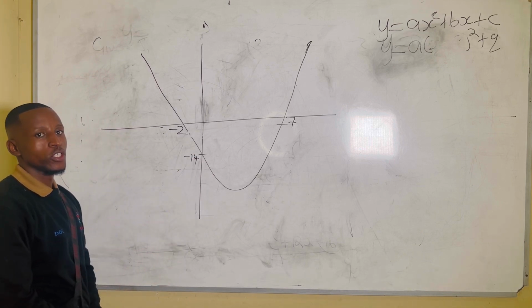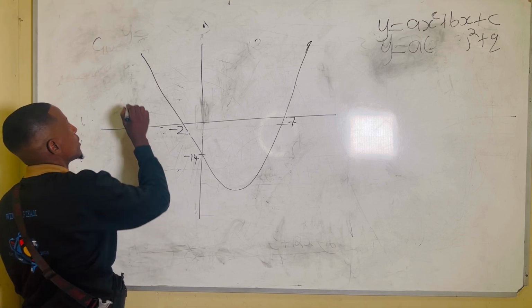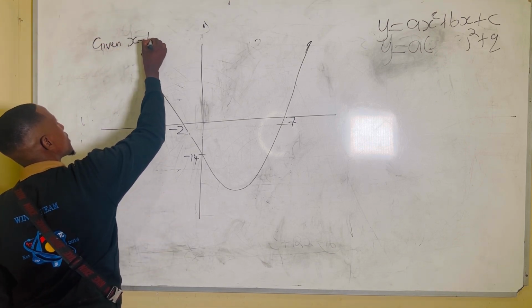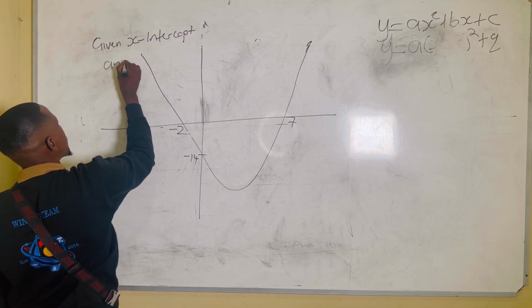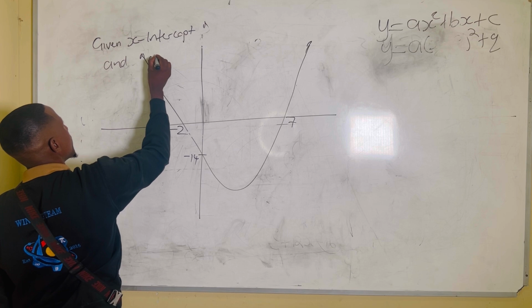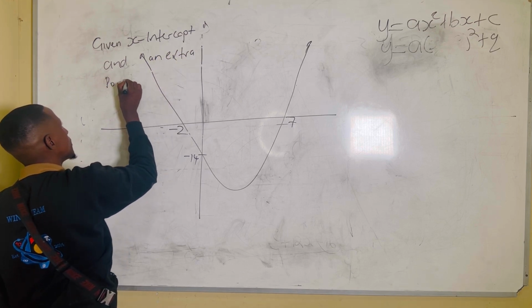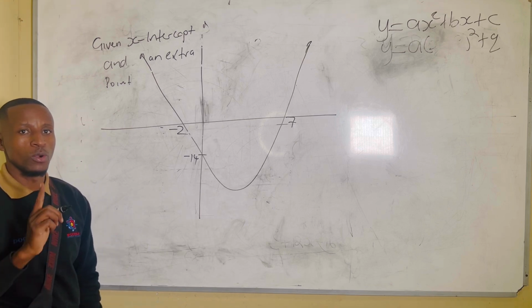So in this situation, they want you to find the equation of this graph. You are given x-intercepts and an extra point. The extra point is meant to help you with finding the value of a.